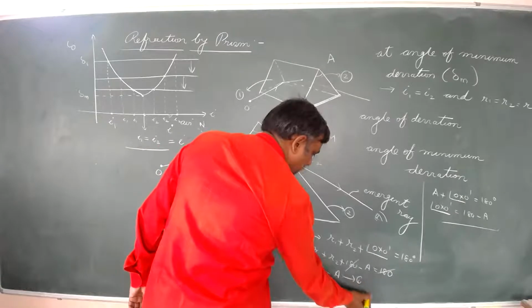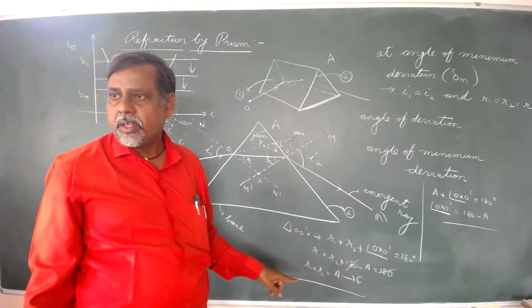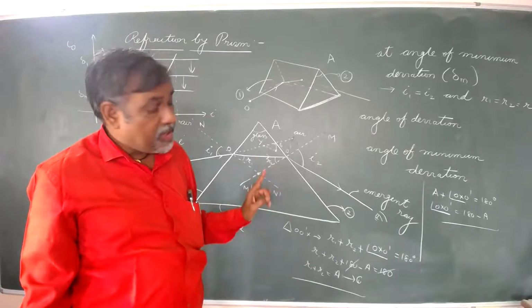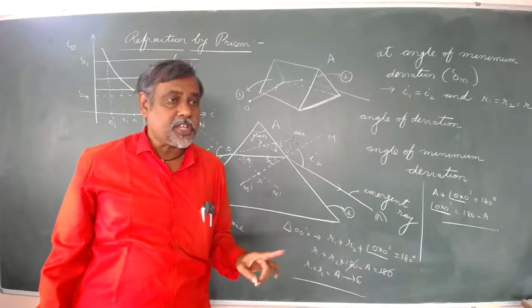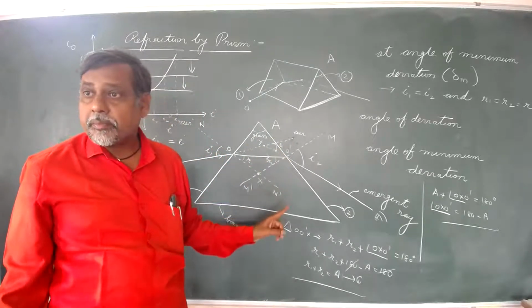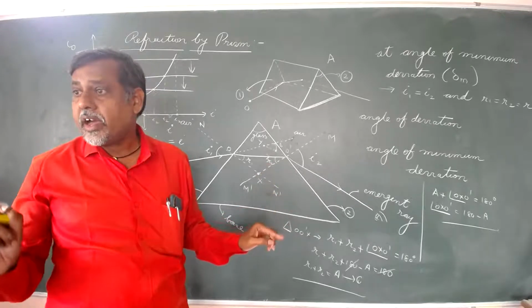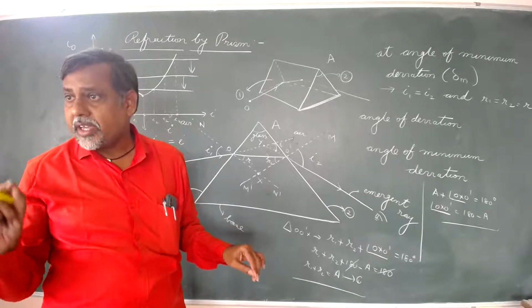So this is equation 1 over here. Why I have written this equation: don't think that at last we will be getting only one equation. That equation is the refractive index of this prism equal to sine of (A plus delta M) by 2 divided by sine of A by 2.